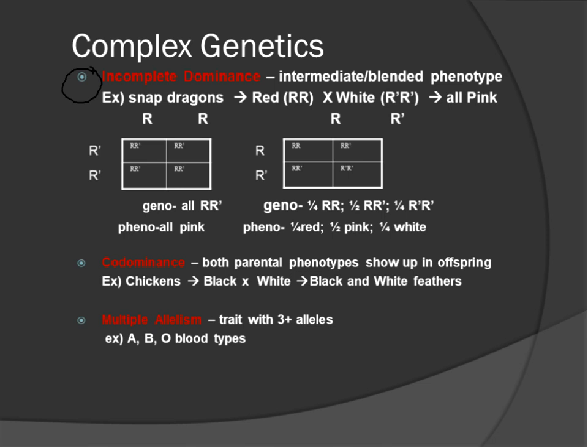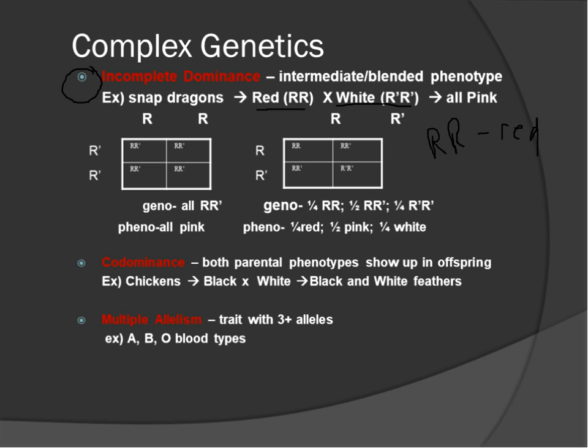And another 1 or 2 questions that you might see in genetics, this is complex genetics. These are genetics that don't follow the normal rules. Incomplete dominance is an example of that. Normally it would be big R, red, big R, little r, also red.